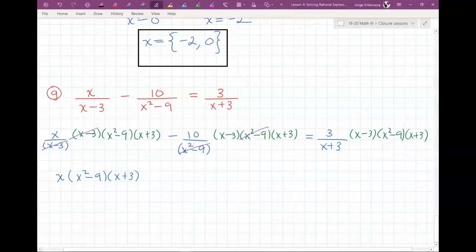Alright, so that's going to be minus 10 times x minus 3 times x plus 3. And then on the last one, we're going to get rid of the x plus 3. So this will be 3 times x minus 3 times x squared minus 9.